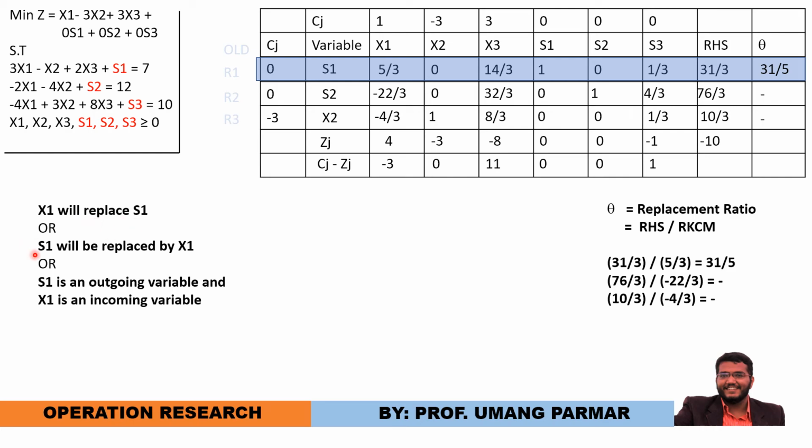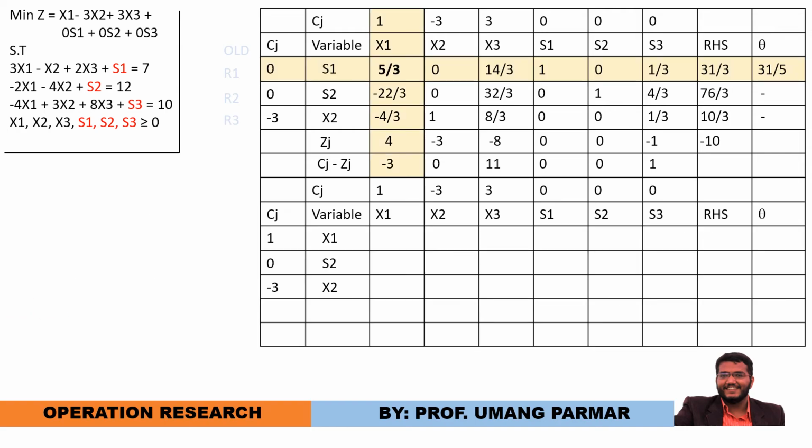Or you can say that S1 will be replaced by X1, or simply that S1 is my outgoing variable and X1 is my incoming variable. So this is my key column, this is my key row, and the key element is 5 by 3.